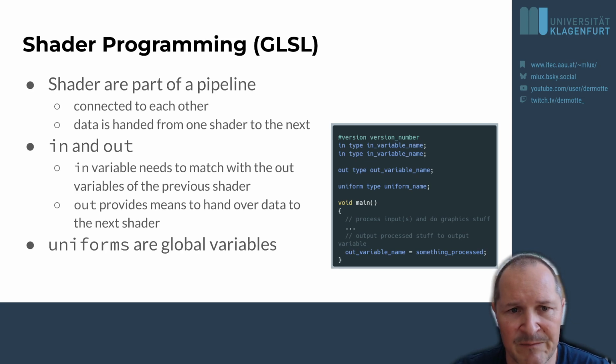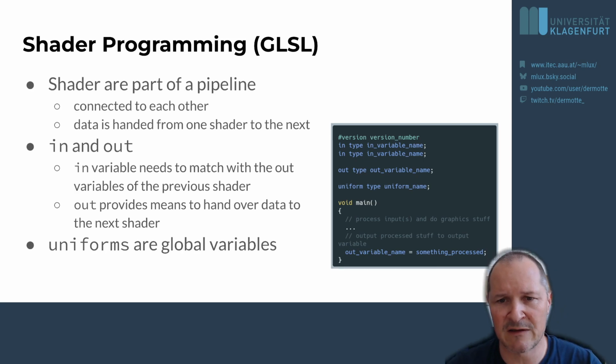And the uniforms are global variables, so everybody can access them. So do shaders have a shared memory? No, they don't. That's actually not a good idea, because you can never know when what shader does what.